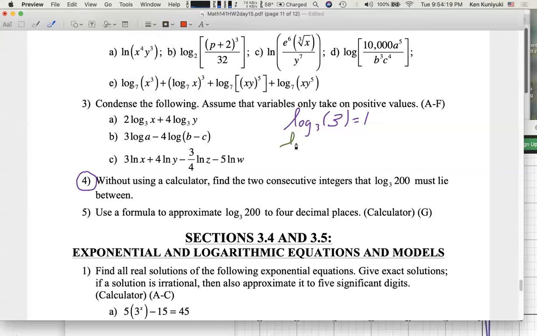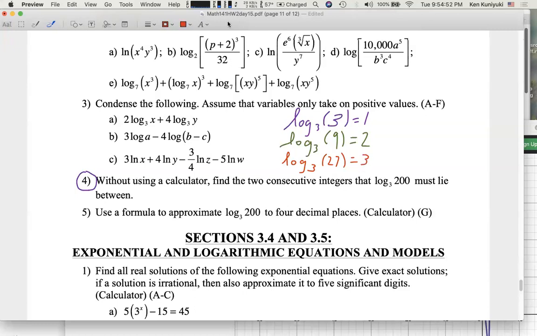What's log base 3 of 9? 3 to the what is 9? It's 2. I think you know the answer to my next one. What is log base 3 of 27? That's 3.